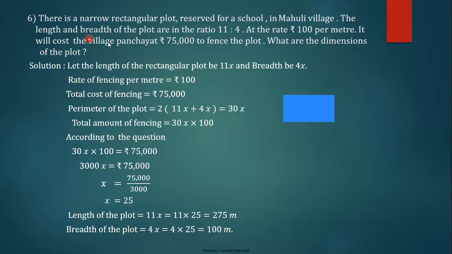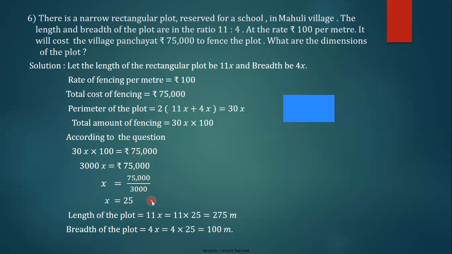According to the given question, it will cost the village panchayat rupees 75,000 to fence the plot. So 30x into 100 is equal to 75,000. So 3000x is equal to 75,000. So x is equal to 75,000 divided by 3000, and we get the value of x as 5.